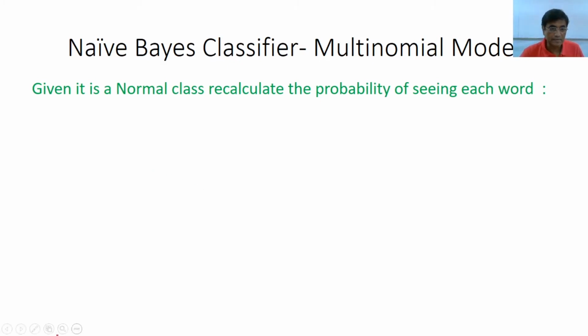Now your database has changed and you will have to recalculate all the terms for normal class, that is, recalculate all the probabilities of seeing the words in the modified regime.